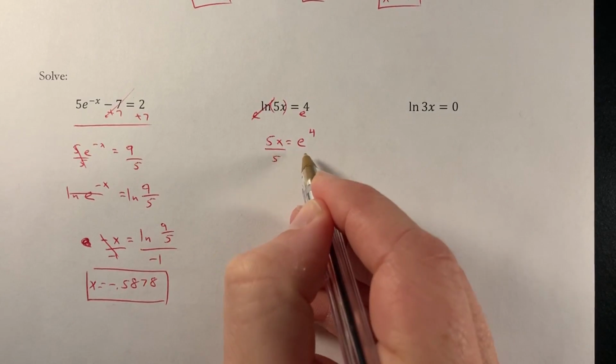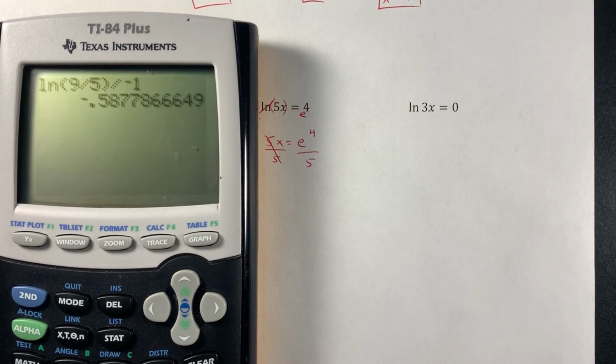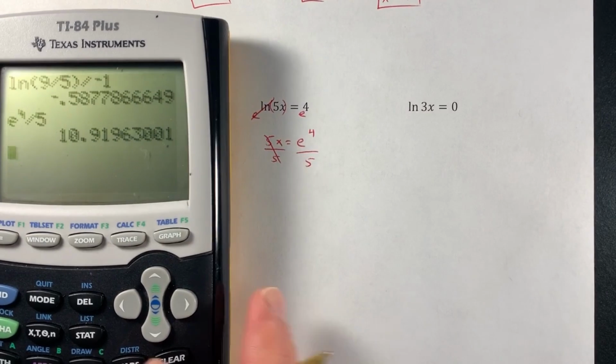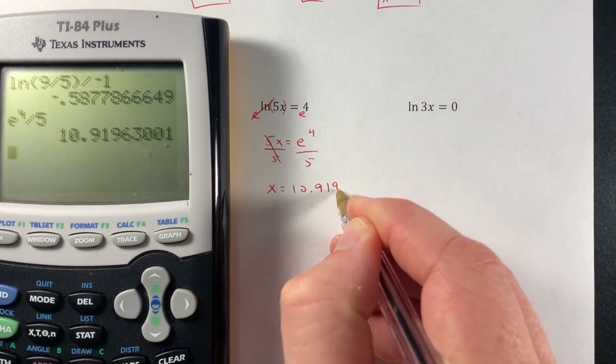And then I can divide both sides by 5. So I have e to the 4th power divided by 5. So I get x equals 10.9196.